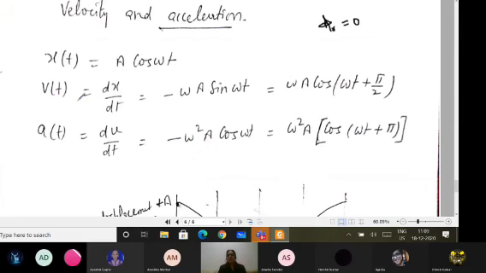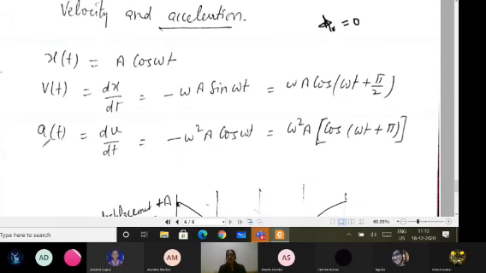Similarly for v of t, you can write it as dx by dt, which I am getting as minus omega a sin omega t. Sin omega t can be written as cos of omega t plus 90 degree, means pi by 2. So this equation is also in terms of cos, and you can see the phase difference is 90 degree, pi by 2.